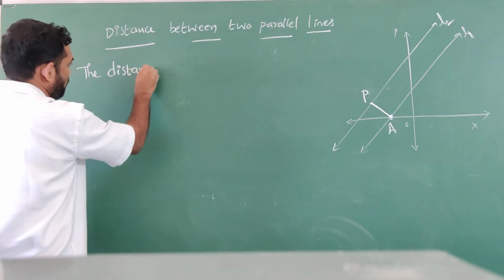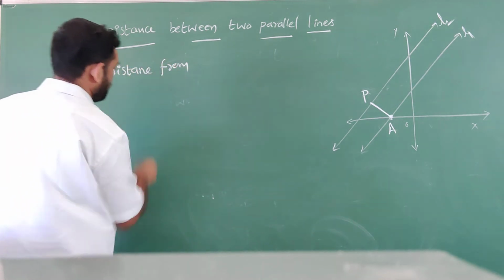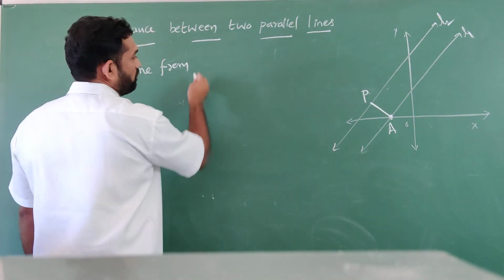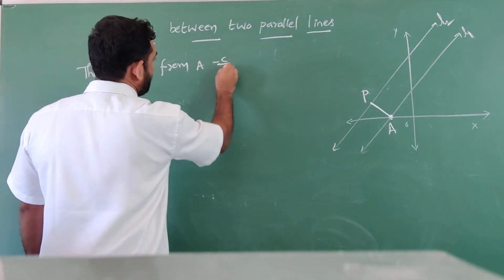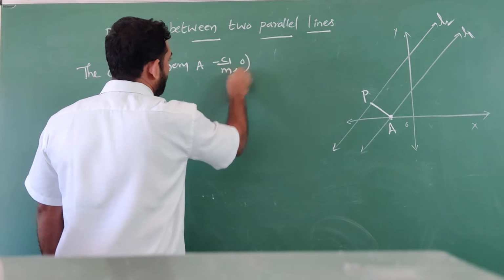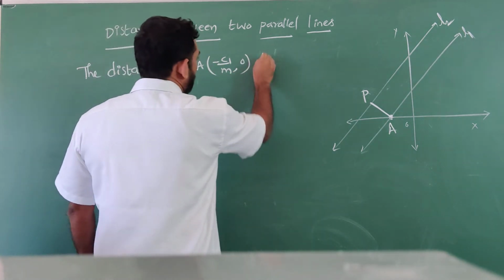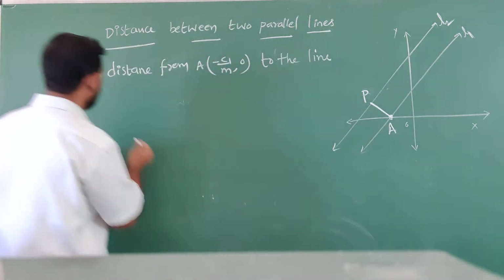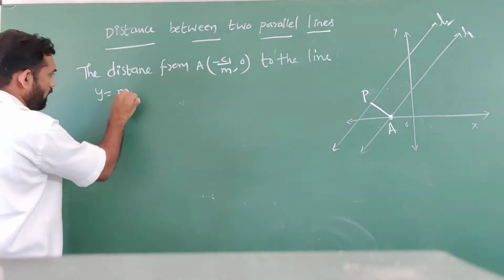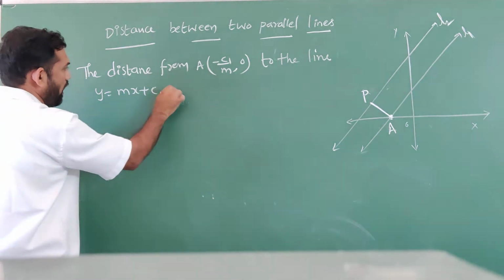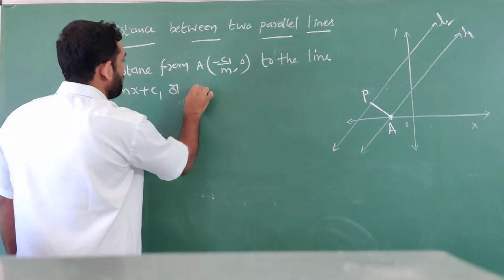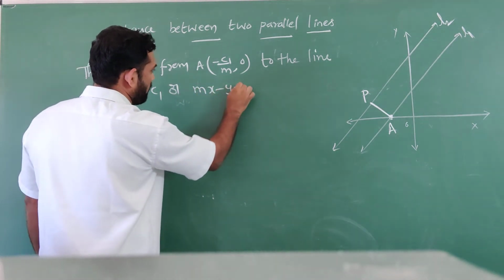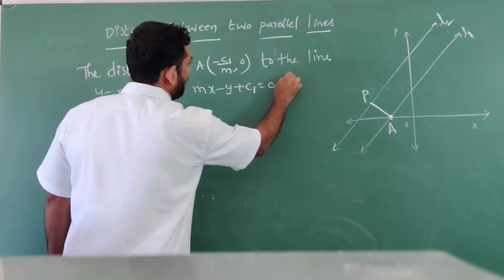The distance from A (minus c1 by m, 0) to the line. What is that line? L2. L2 is y is equal to mx plus c2, or you can write this as mx minus y plus c2 is equal to 0.